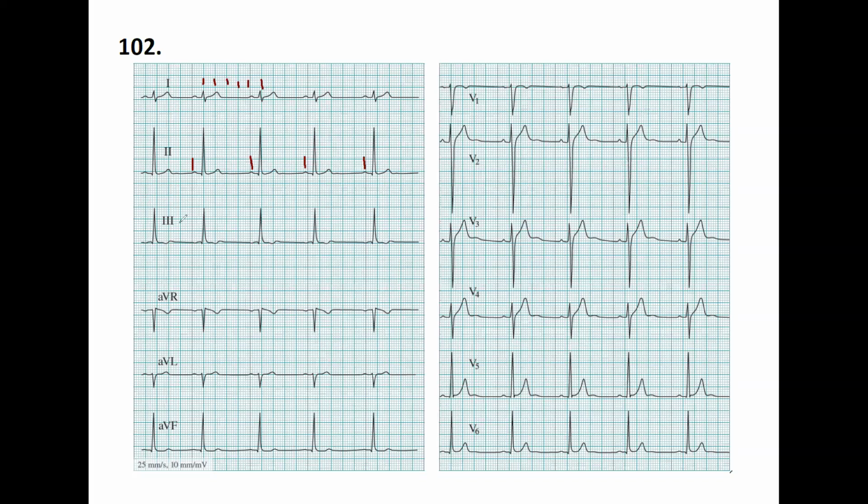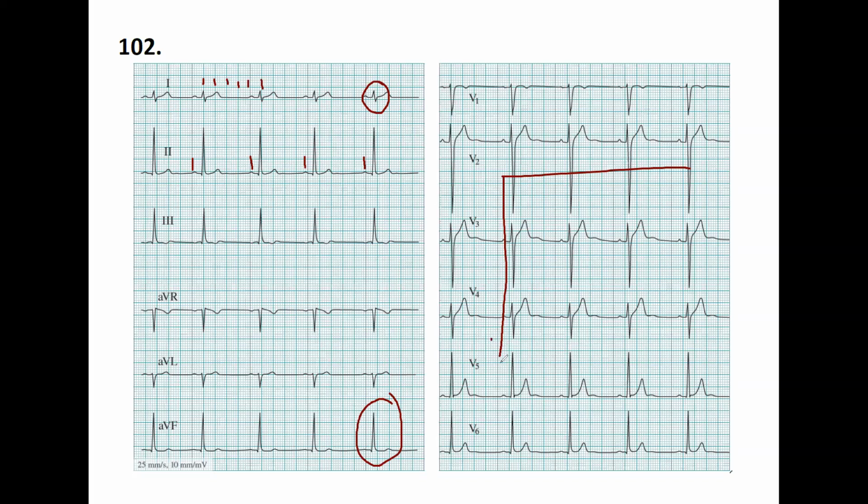Axis. Again, by the quadrant approach, let's look at lead number 1 and AVF. Okay, this is positive, so that's normal. So it's ranging between 0 and 90 degrees. Good. However, let's look at lead number 1. It's almost equiphasic.